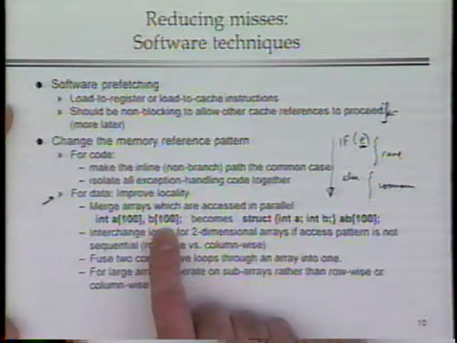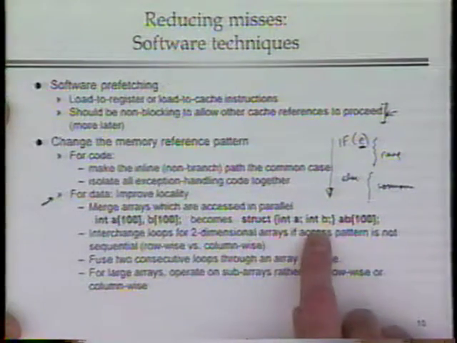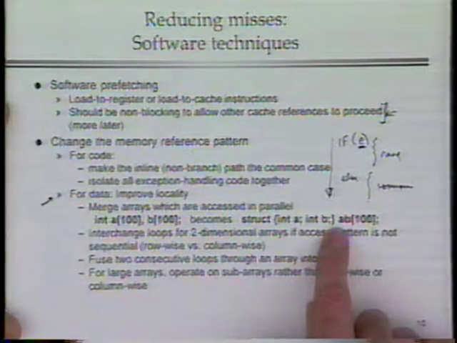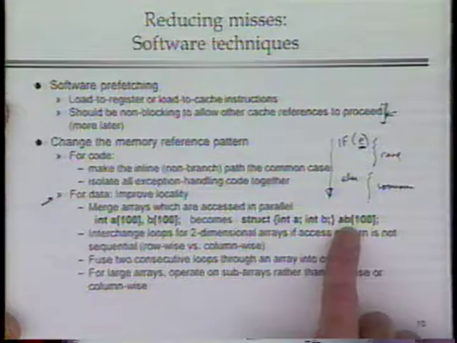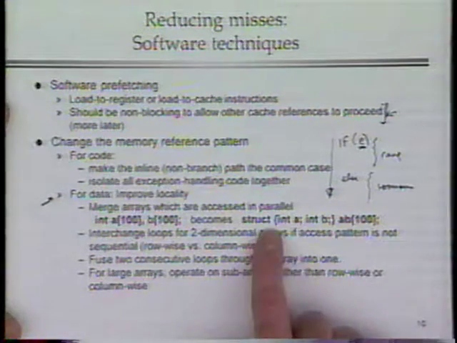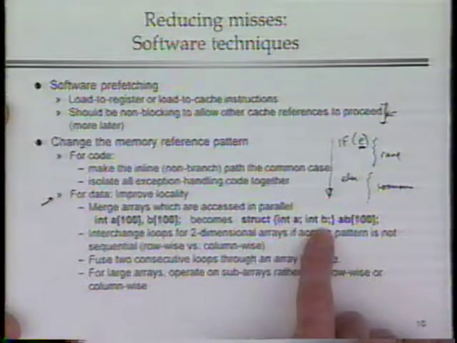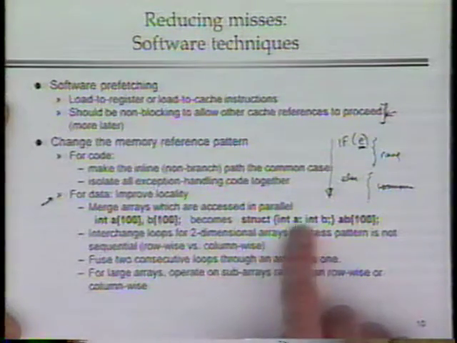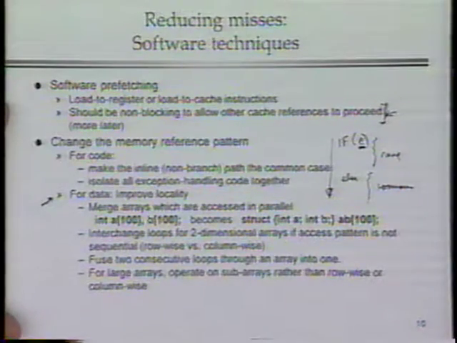One way to avoid that, and this is something which is hard for the compiler to do but easy for the programmer to do, is to combine those arrays, to merge them into an array, each of whose elements is a piece of the original array. So it's an array of 100 structures, and each element in that structure has one word of A and one word of B, so that when you reference them together, they're next to each other in memory and have a much higher chance of hitting in the cache.